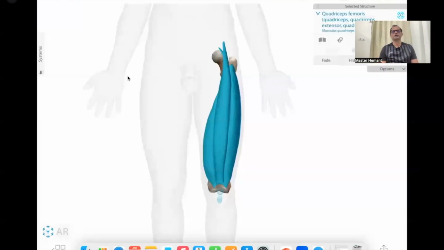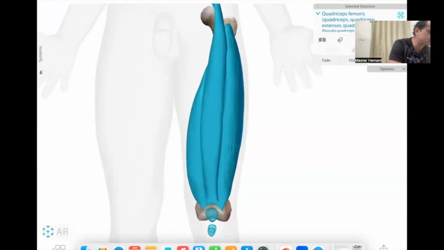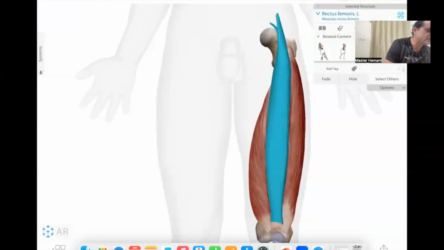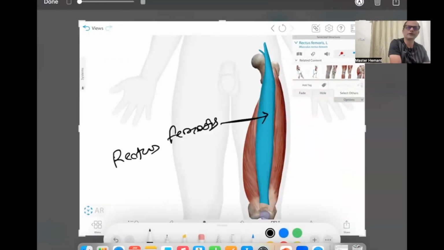We can see this is the thigh muscle or the quadriceps muscle. There are 4 groups of muscle. Number 1, the central muscle is called rectus femoris. इसका नाम है rectus femoris, the central muscle, right? Then all the 3 remaining muscles are called vastus.